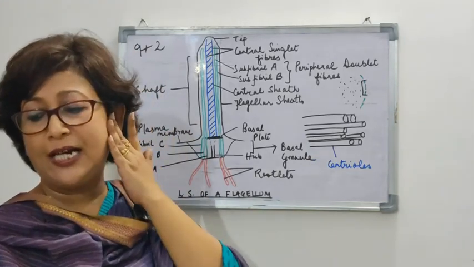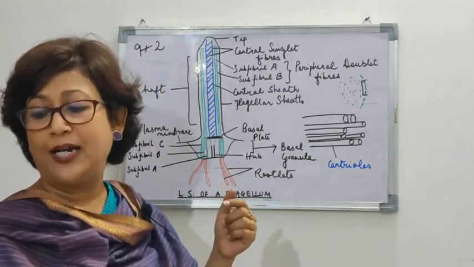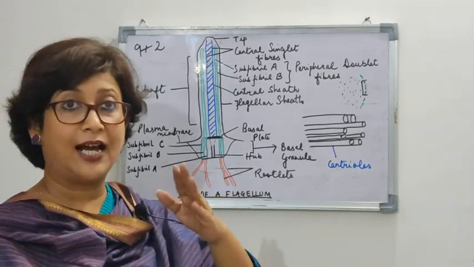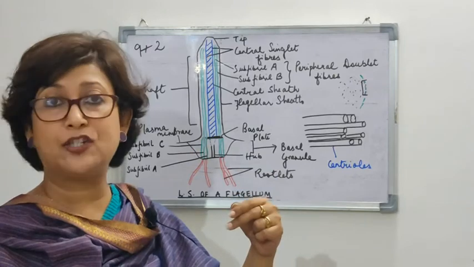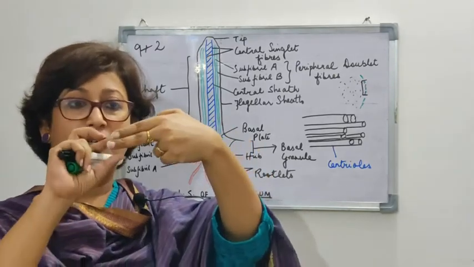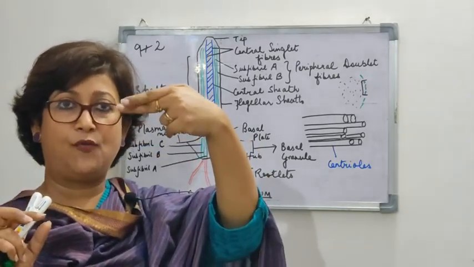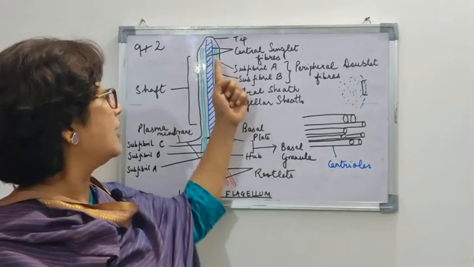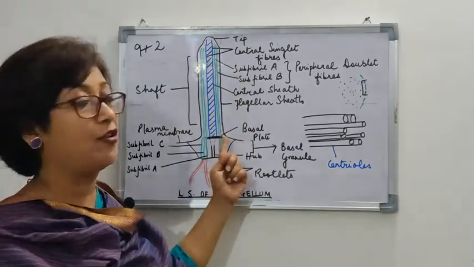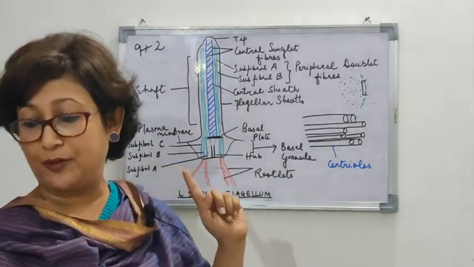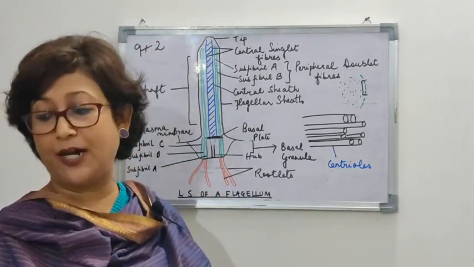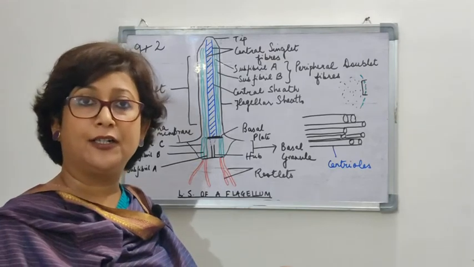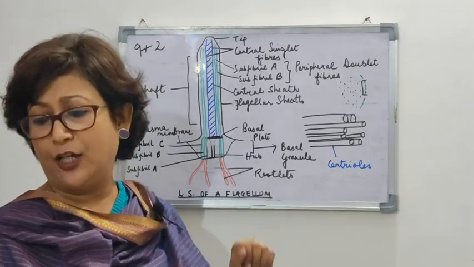So cilia and flagella move by sliding of the doublet fibrils against one another. See how it slides, it will slide like this over one another. What are the doublet fibrils? Here towards the periphery. Now for this, of course, energy is required, so energy provided by ATP is used.